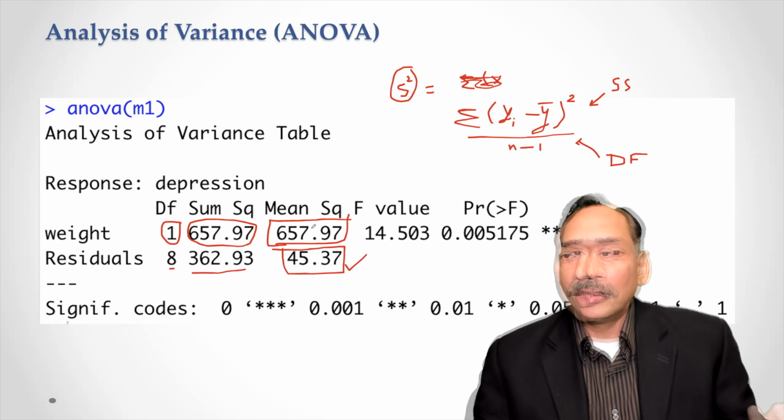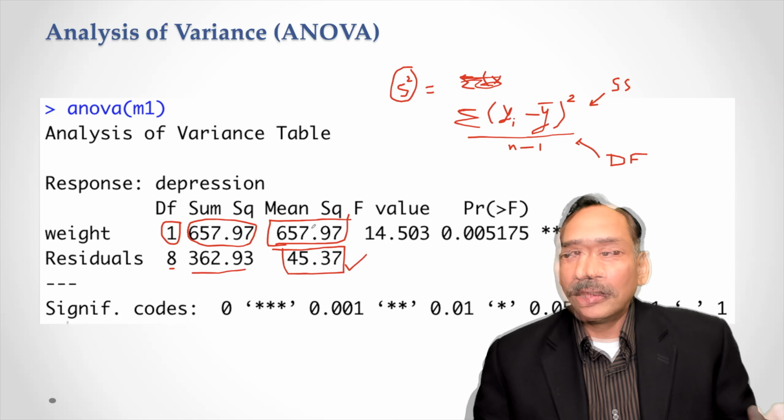And once again, only for simple linear regression situation, this value that you see from ANOVA table is same thing that you see here. Not only that, for simple linear regression, actually F distribution and T distribution, they are related to each other. This p-value was based on a t-value of 3.808.